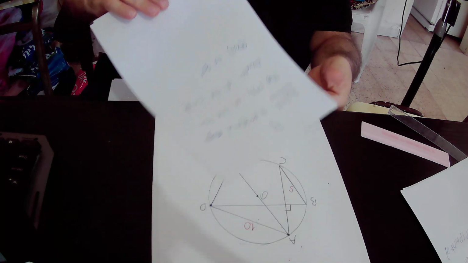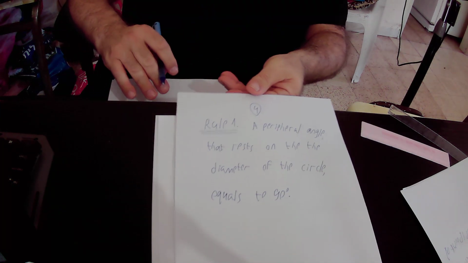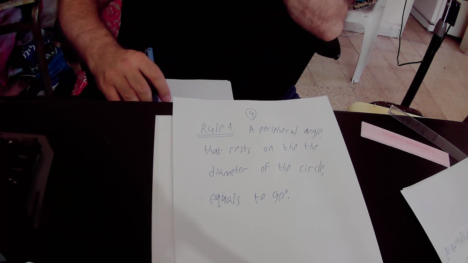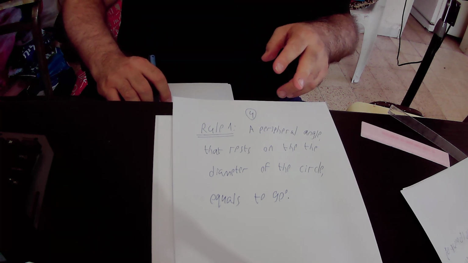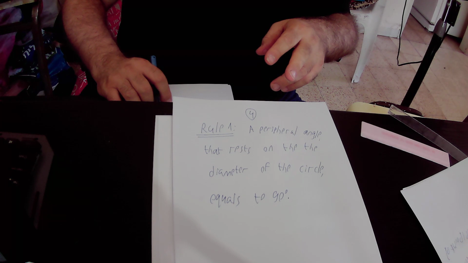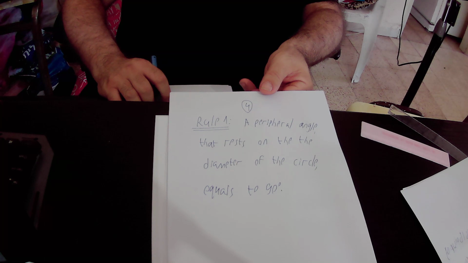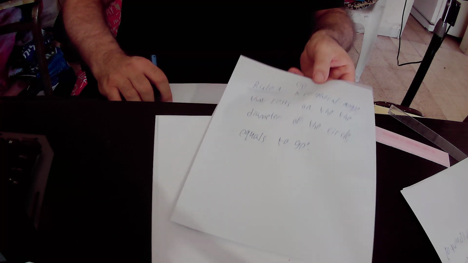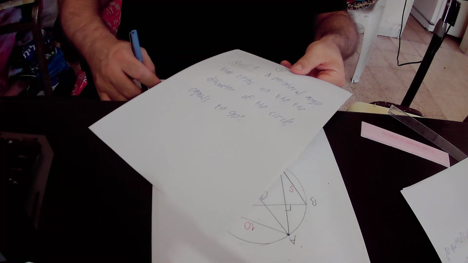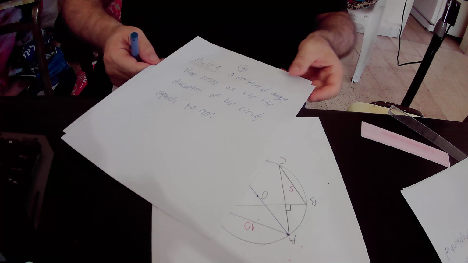Okay, I will read rule number 1 again. Rule number 1 states that a peripheral angle that rests on the diameter of the circle equals to 90 degrees. I will show you an example in order to clarify the rule.